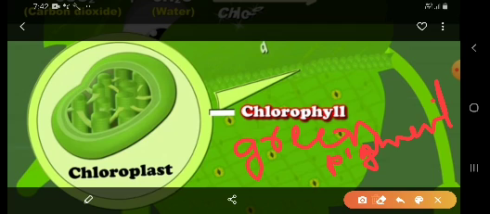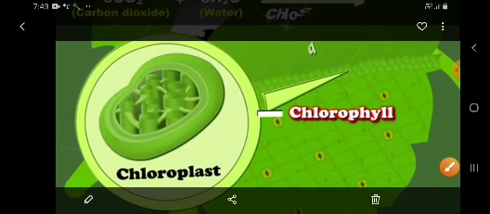Green plants are green only because of this green colored pigment which helps in absorption of the sunlight, and this helps in the process of photosynthesis.